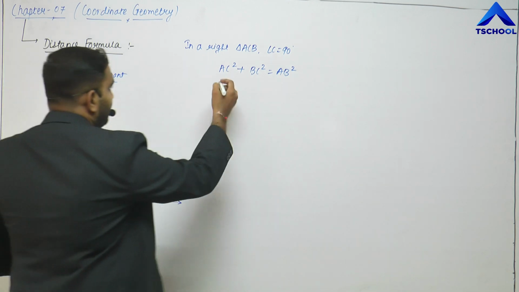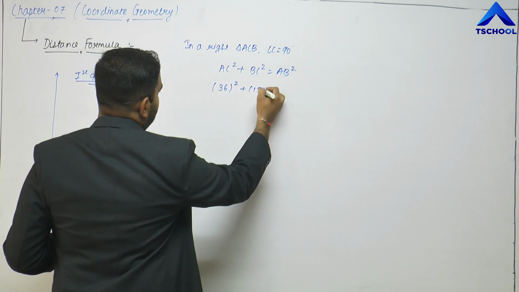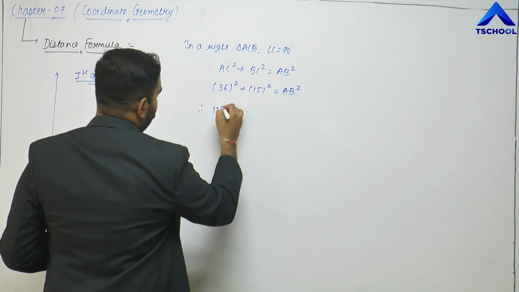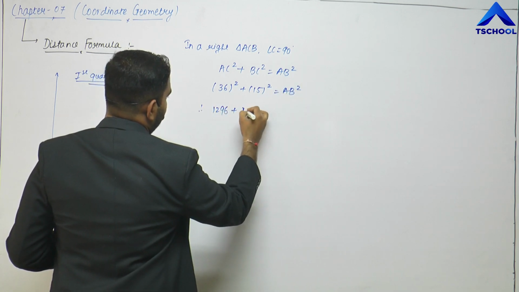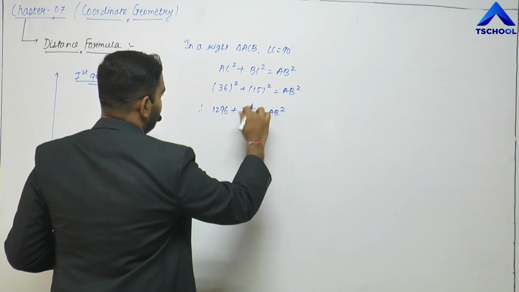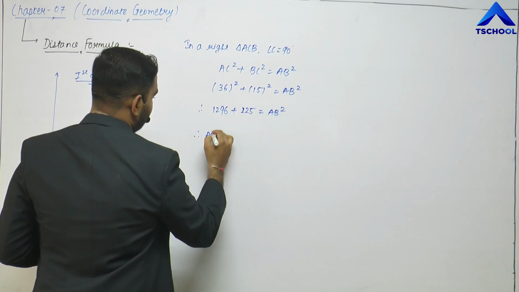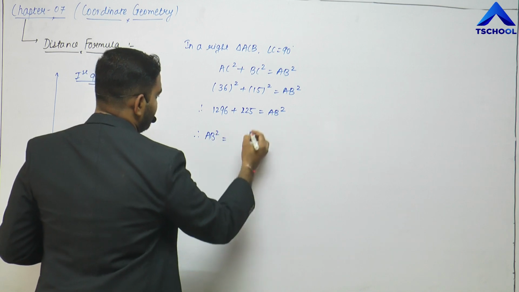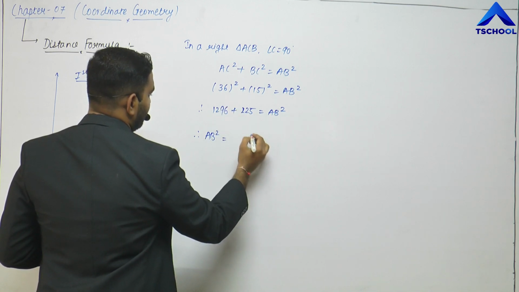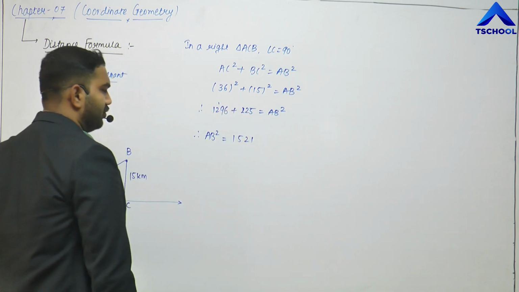So here, what is AC? 36 square. BC, 15 square, is equal to AB square. That is 1296 plus 225, friends, is equal to AB square. And therefore AB square will give me how much? 6 plus 5 is 11, 9 plus 1 is 10, plus 2 is 12, 2 plus 2 is 4, plus 1 is 5, and 1: 1521.